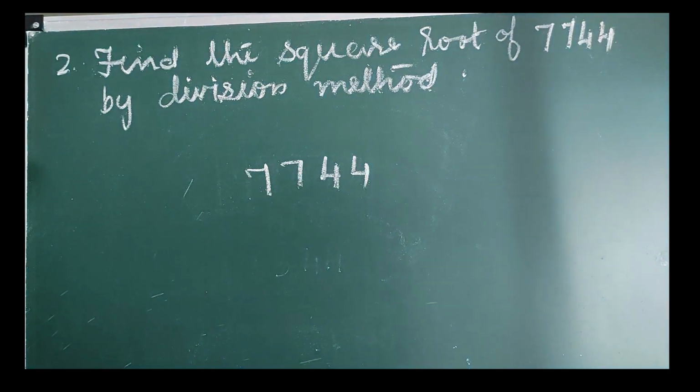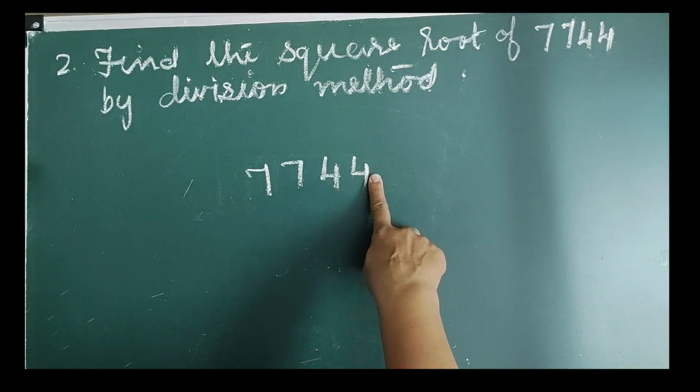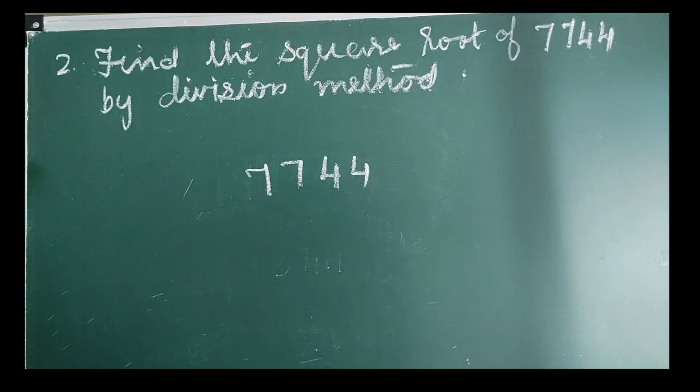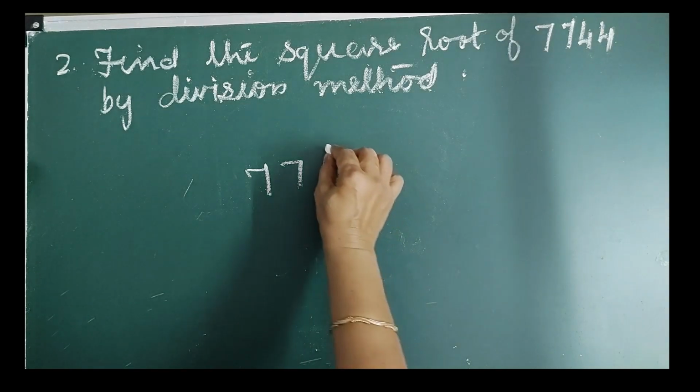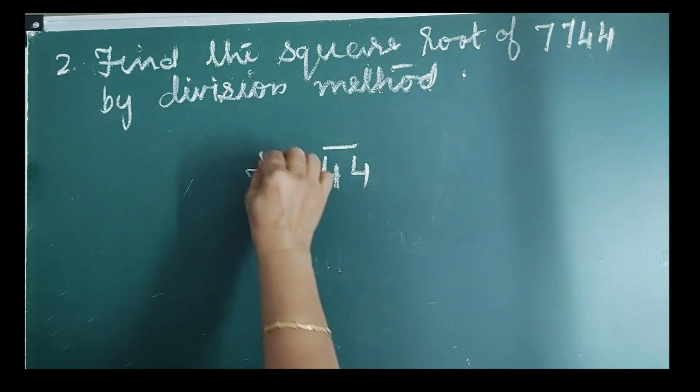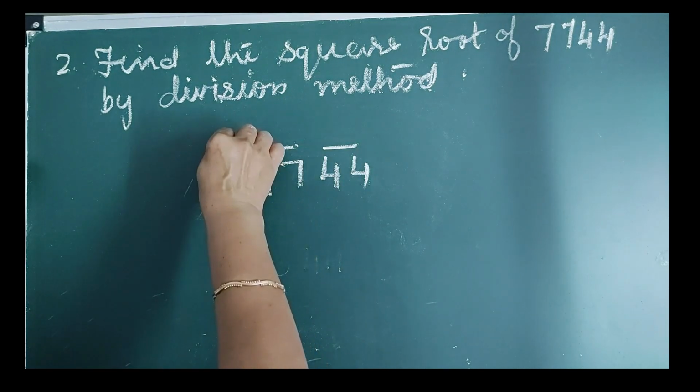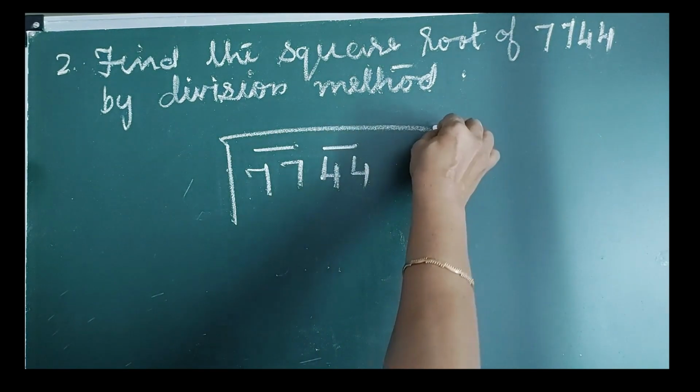So the first step is place a bar over every pair of digits starting from the right. So here 44 is a pair and 77 is the next pair.